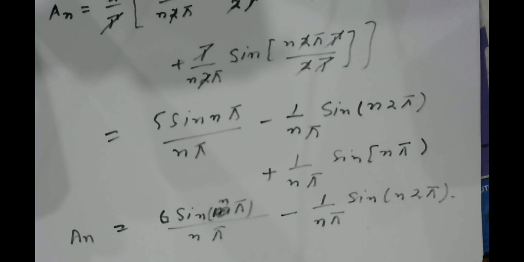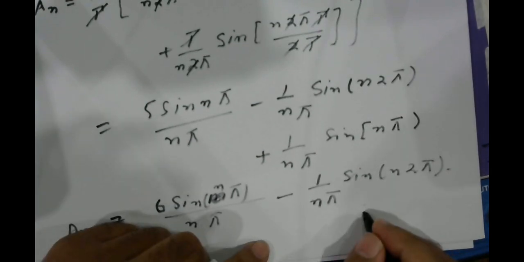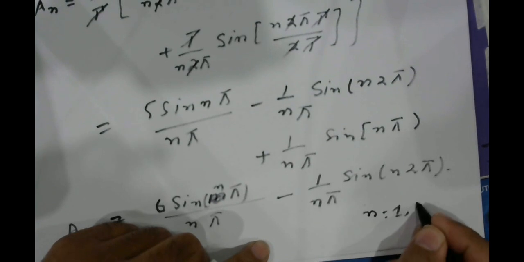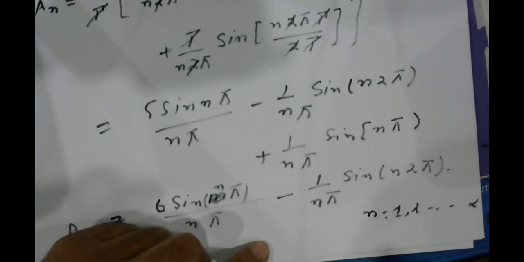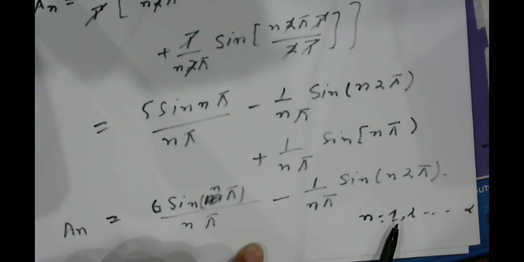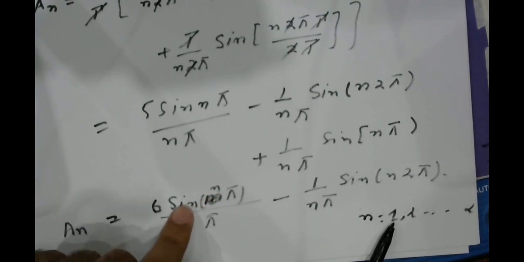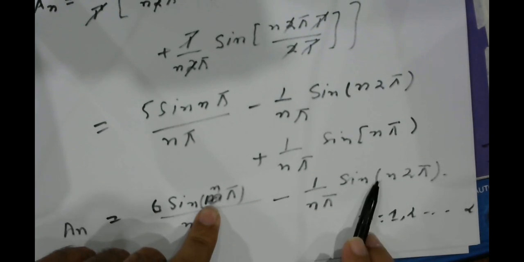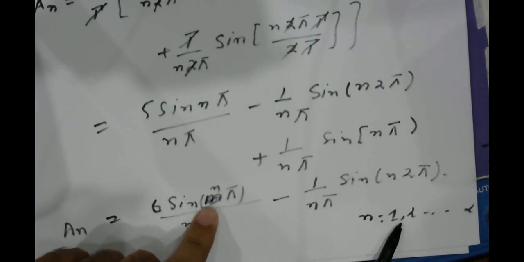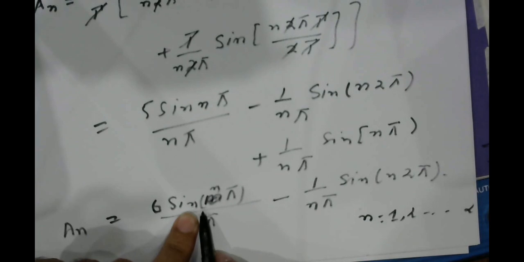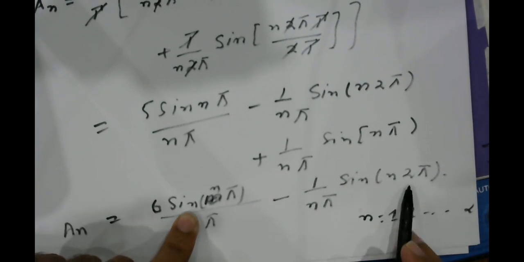Now what we need to find out, you know that n will start from 1, 2 and it will reach till infinity, right? So if you put 1 over here instead of n, this will become sine pi and this becomes sine 2 pi. If you put 2 over here, this becomes sine 2 pi, this becomes sine 4 pi.